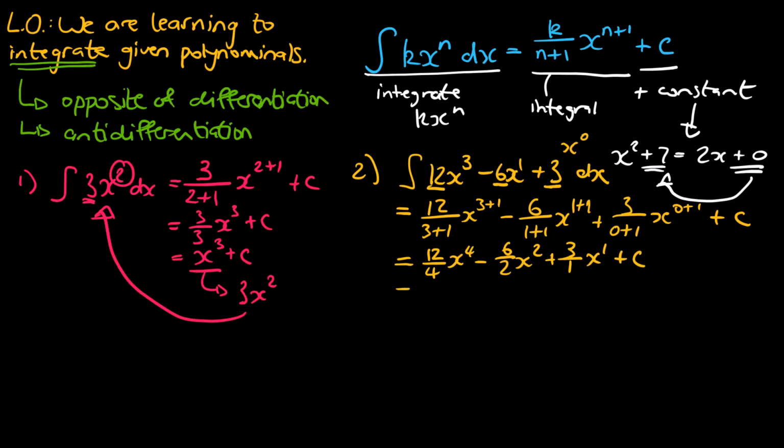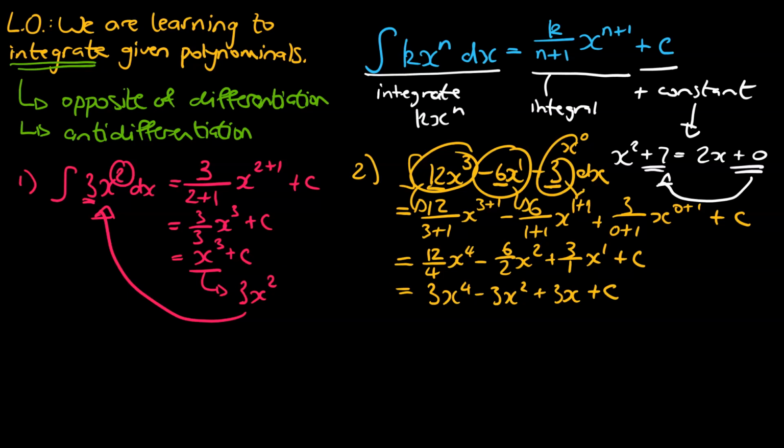Finally, we do our final steps of simplification. That's 3x to the power of 4 minus 3x squared plus 3x plus c. Just like differentiation, you do each part separately based on the formula.